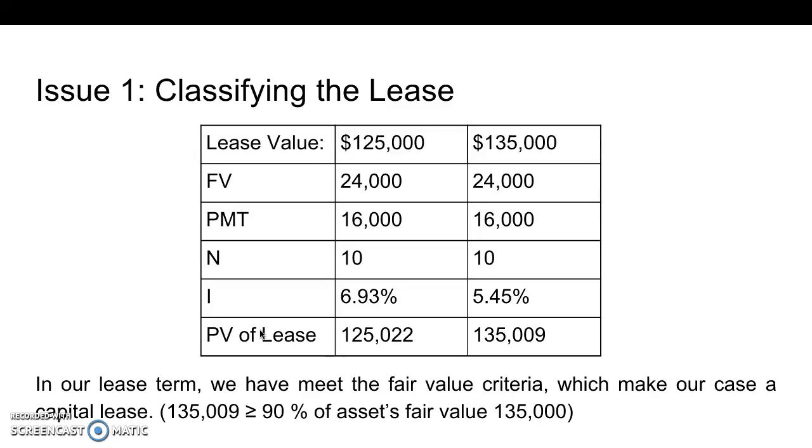To get the present value of the lease, we will take the future value of the lease after the 10 years, which is the residual value given to us at $24,000. Next, we will plug in the $16,000 installment. The lessee will make annual lease payments at the end of each year.